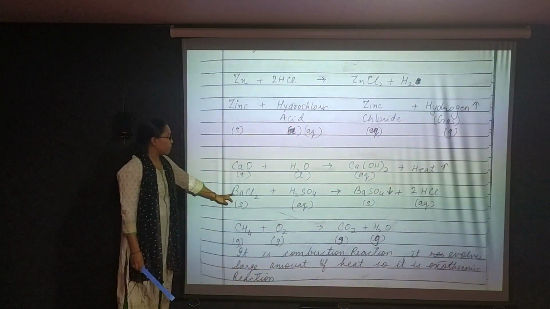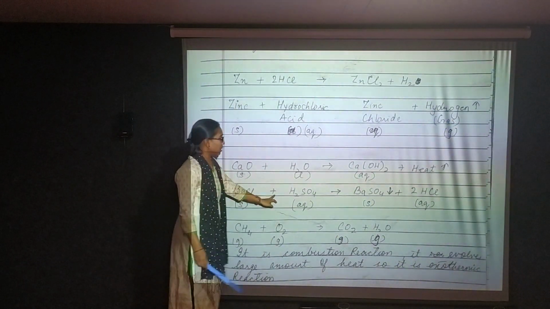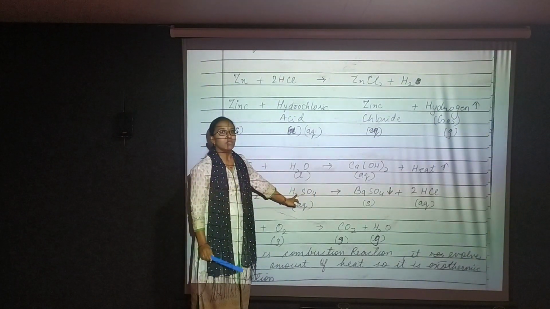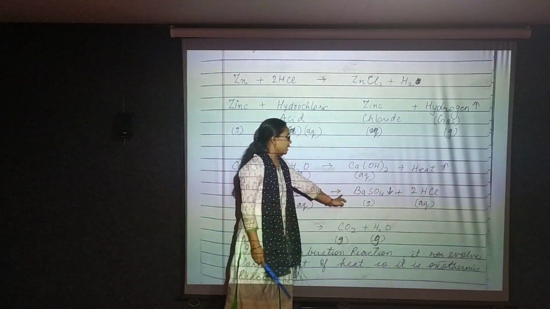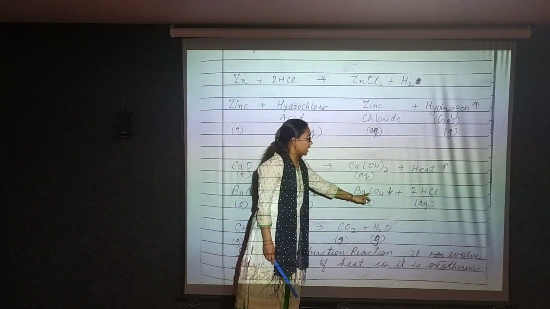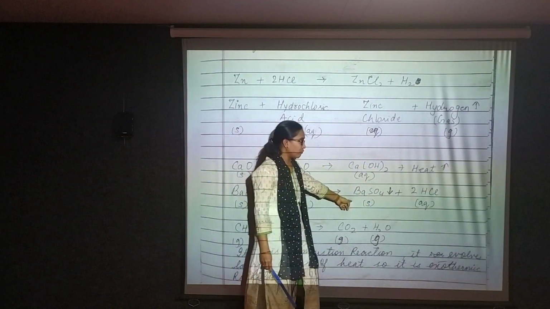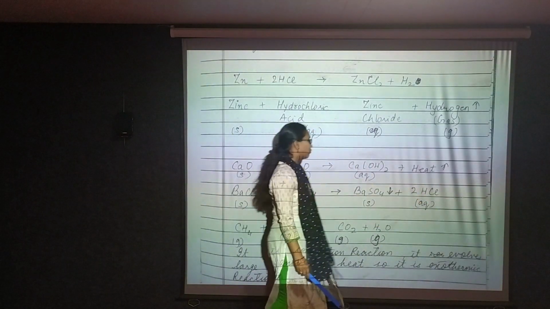Next example is BaCl2, barium chloride, which combines with H2SO4. What is H2SO4? Sulfuric acid. Again it is in the aqueous form, and gives barium sulfate, BaSO4. The downward arrow means it is in the precipitate form, and 2HCl is again in the aqueous form.